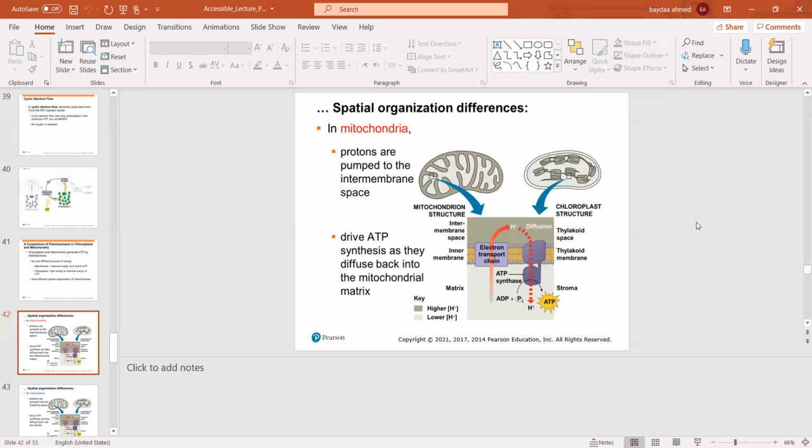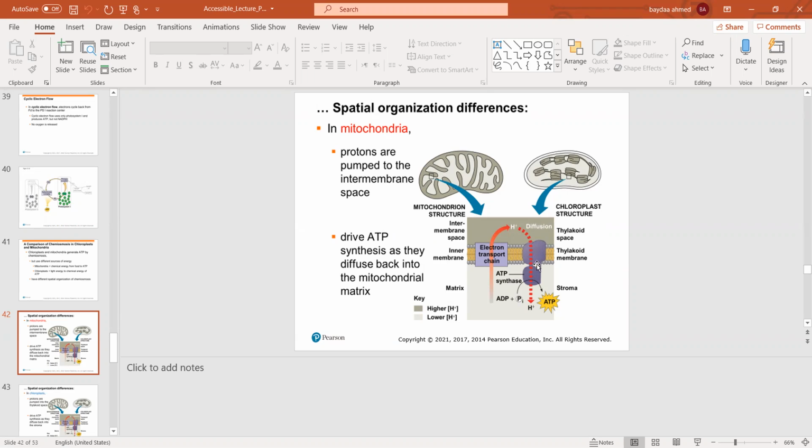The spatial organization of chemiosmosis differs slightly between chloroplasts and mitochondria. In both kinds of organelles, electron transport chains pump protons across a membrane from a region of low concentration, light gray in the diagram, to one of high concentration, dark gray.